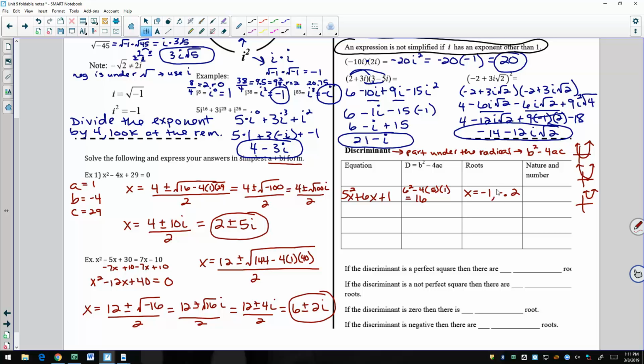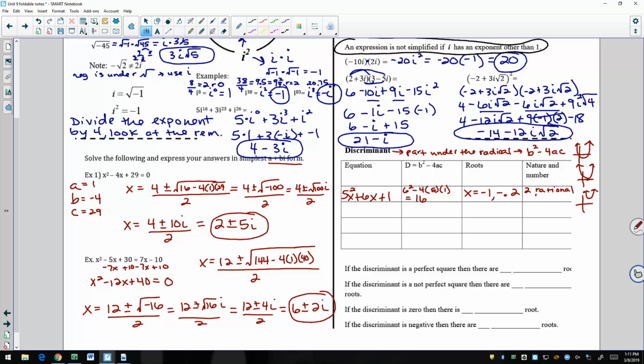Yes, that's not the nicest number, but it's also not irrational. It is rational. So if you want to make a note to yourself, if you get a perfect square, you're going to get 2 roots that are rational. So you're going to get 2 rational roots.